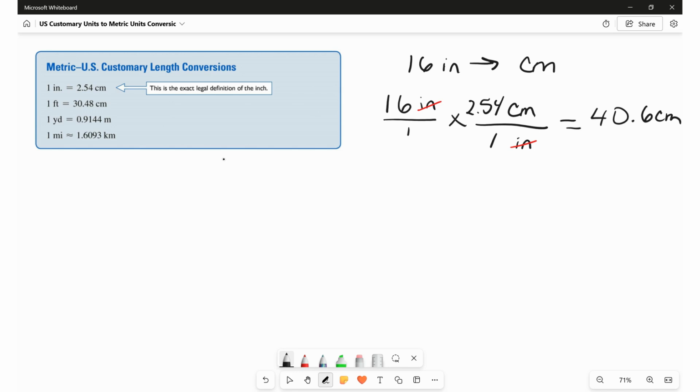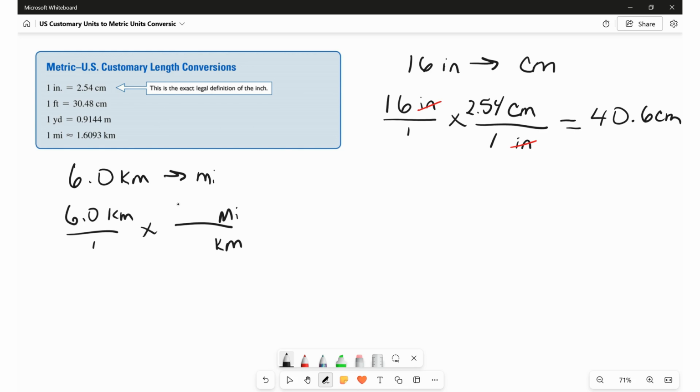Let's look at another one. What if we want to convert 6 kilometers to miles? Well, again, we're going to take what we're starting with and multiply that by the unity that gives us miles on top, because miles is where we want to go, and kilometers on the bottom.